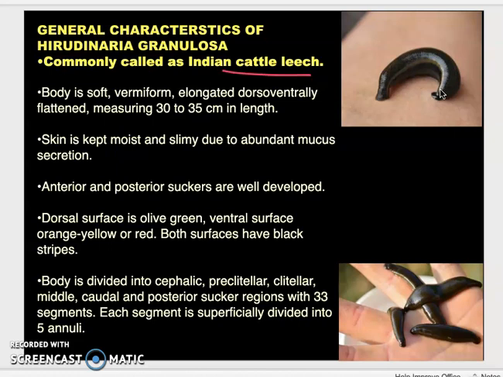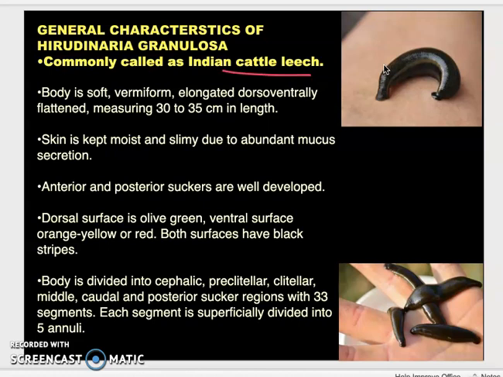Both surfaces have black stripes, and the body is divided into the cephalic region, the pre-clitellar region, that is above the clitellum, then the clitellar middle, then the caudal and posterior sucker regions with 33 segments.